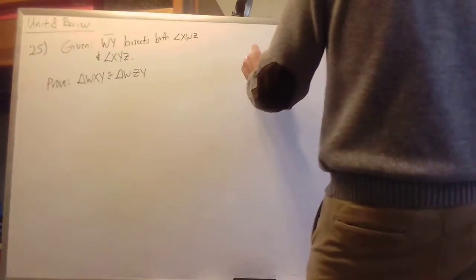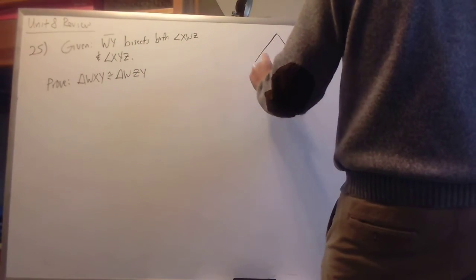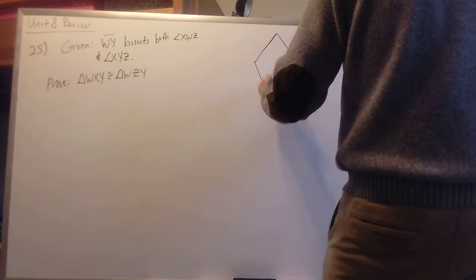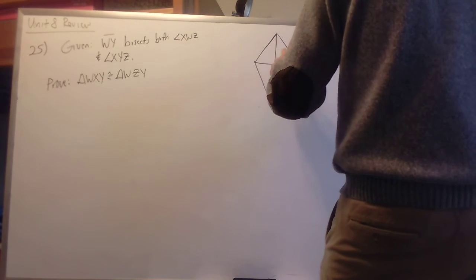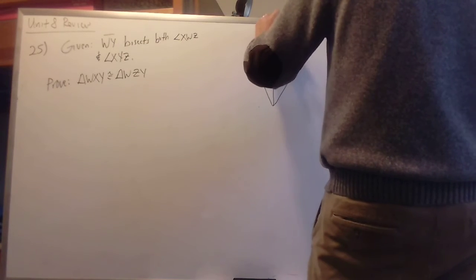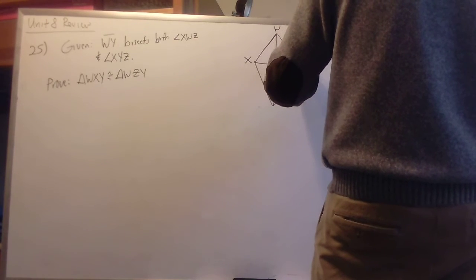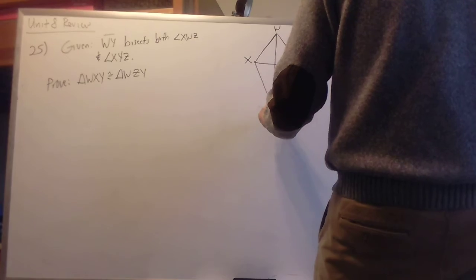And here is the kite. So we have X, W, Z, and then we have Y right there.